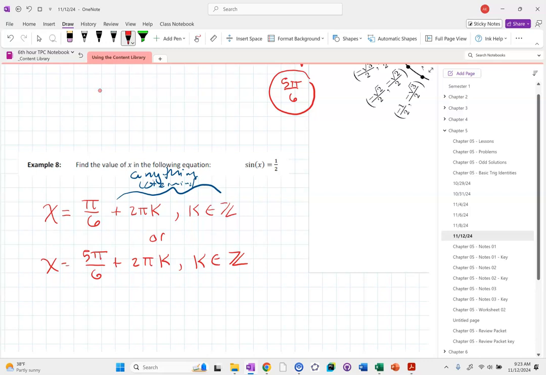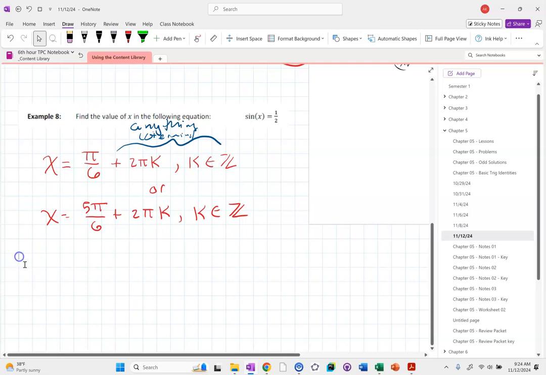So anytime you answer one of these trigonometric solving questions and the interval is not specified, you're to assume the interval is all real numbers, and you're going to list the answers on the unit circle and then anything coterminal to them. Everybody so far so good?